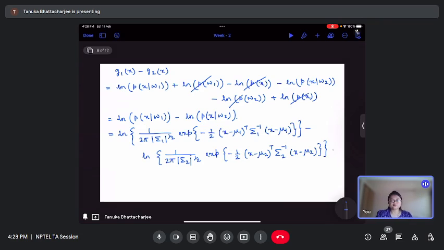Now we have to simplify this. So I'll do a bit of simplification on this.